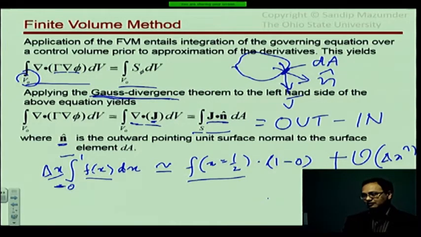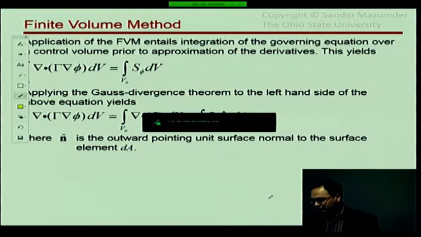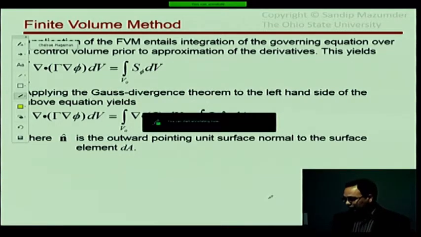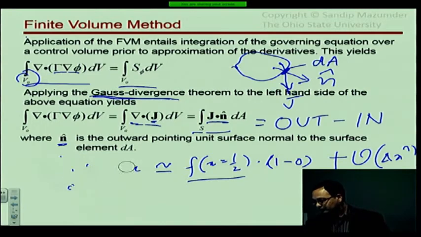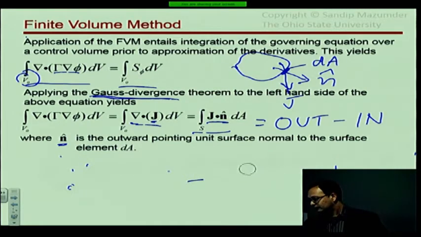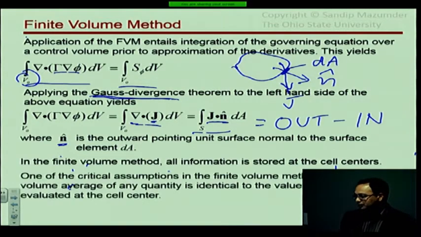If I have a surface and I'm storing the flux at the center of that surface, then basically I'm saying the center value of the flux represents the average flux over that face. All right, so that's what this statement refers to.